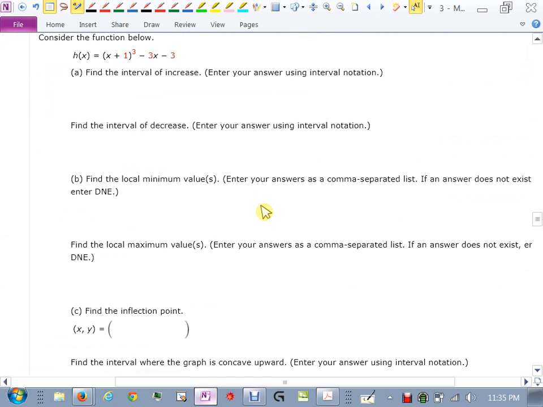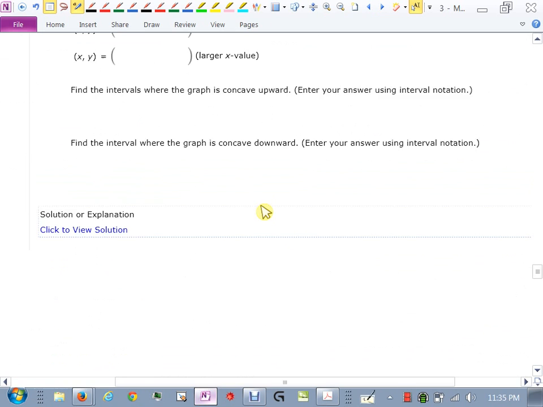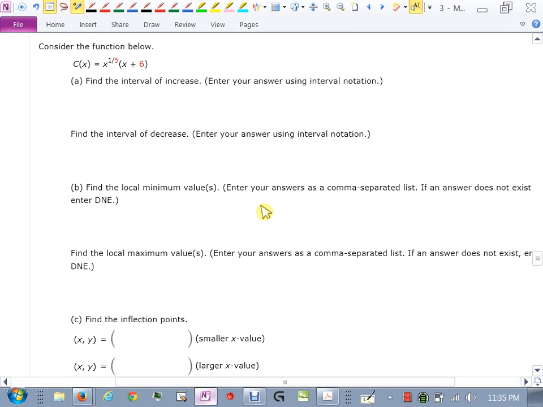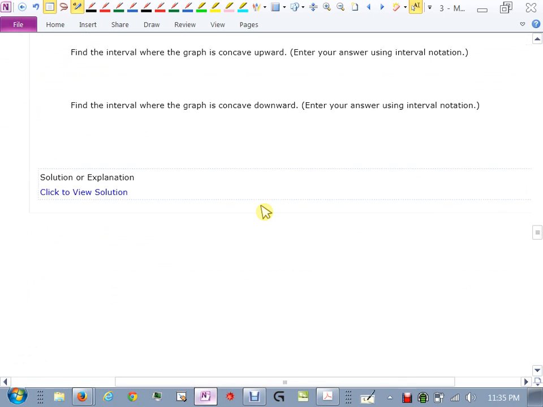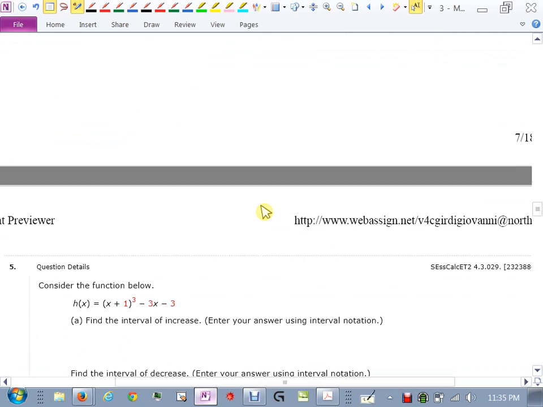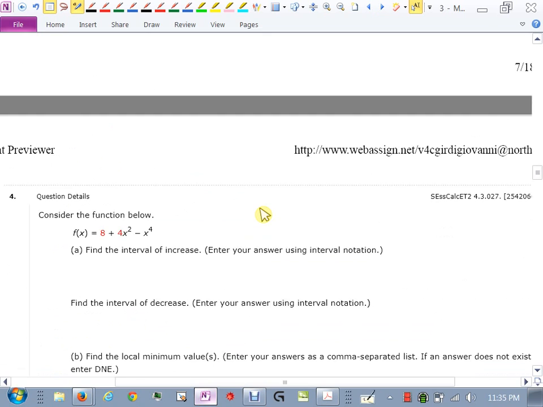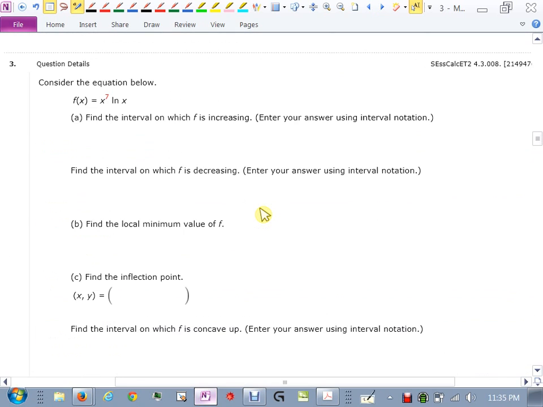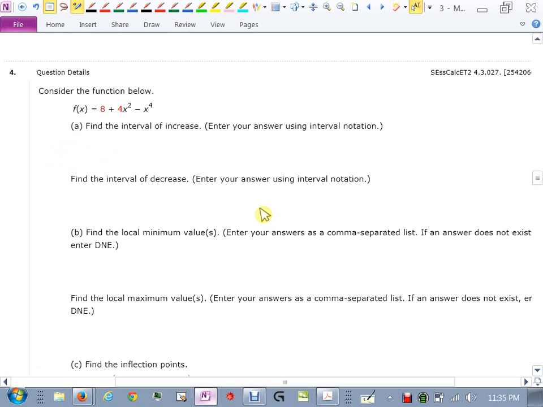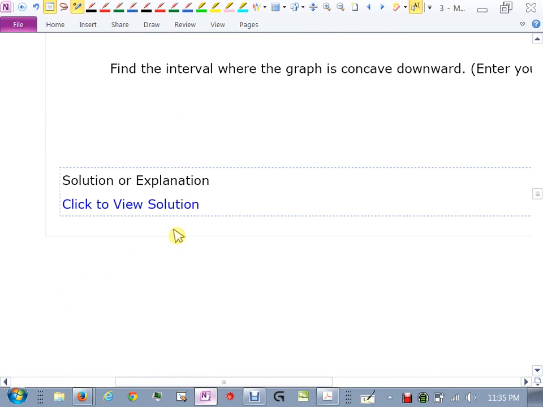What I'm thinking is that I'm going to just post the answers to these, just the work, just what you should get as a result, and see if you can work those yourself. So I want you to take a moment to look. I've done the first 3. So here's my number 4. Just take a look at the function there. I'll zoom in so you can see it. Okay, there's my function, and I'm going to go through all the work here. I'll include that.